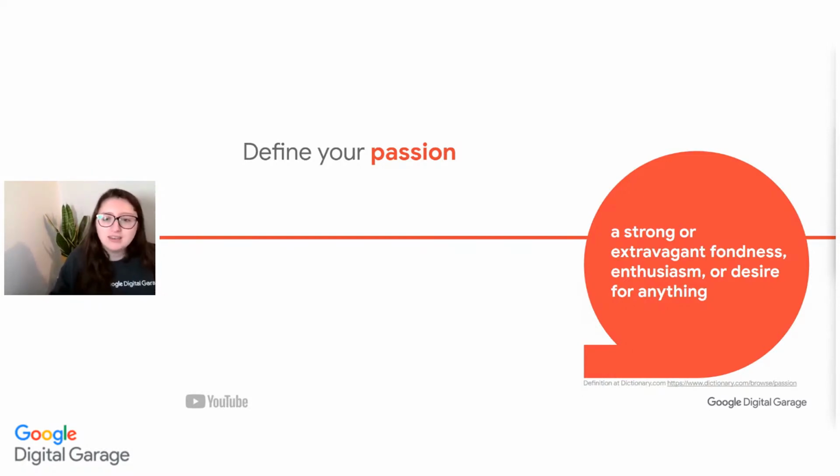Can you define exactly what your channel is going to be about? And once you've decided that through YouTube, you then have the power to connect with a hugely diverse audience that has that same passion as you. So when you're thinking about your passion, ask yourself questions like, what are your values? What are your beliefs? What are you passionate about?